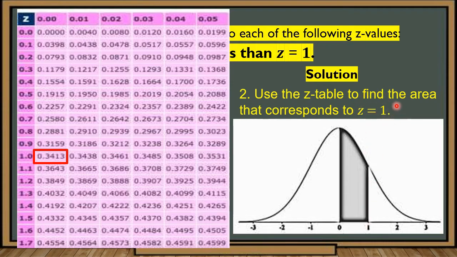Again, if there are no words like greater than or less than, if there are no specifications on where our area is, it is automatically from 0 to that certain z value. So here, the area that corresponds to z equals 1, meaning the area from 0 to 1, is equal to 3,413.